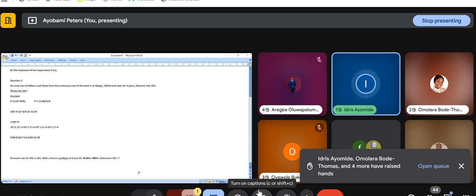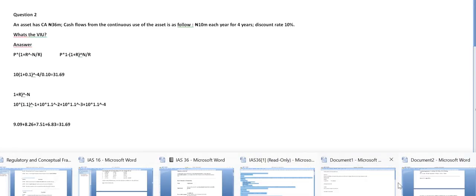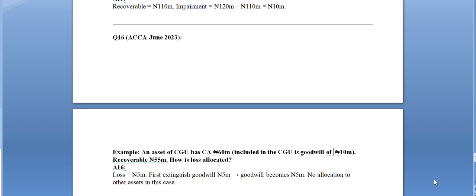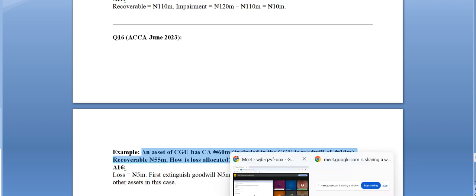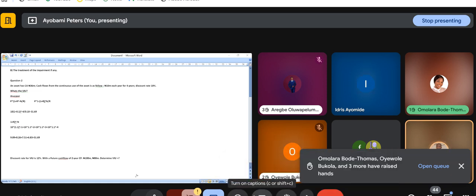Yes, sir. For the first year, the cash flow is 100 million, so the present value is 89,285,714. Okay, please keep that answer by the side. Bukola Oyewole, go ahead.